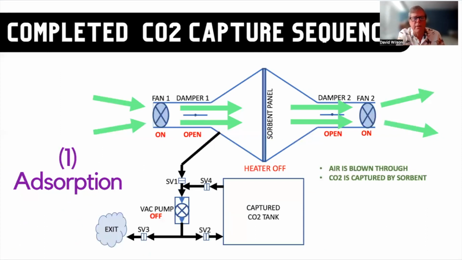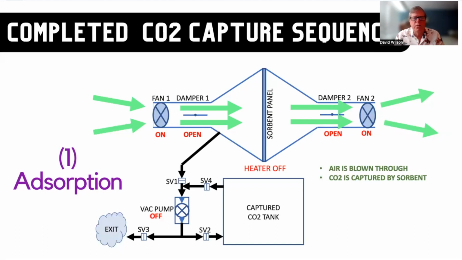So in a way, this machinery is going to breathe in carbon dioxide and then breathe it out. But the first phase of its operation, the fans will turn on and the dampers will be open, and it'll just blow a massive amount of air through the system.